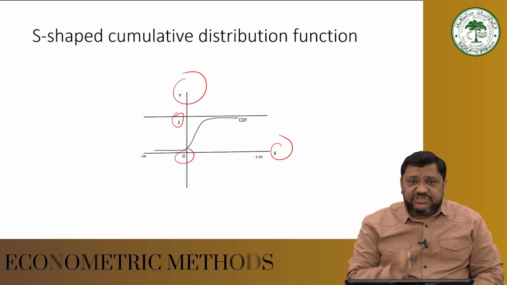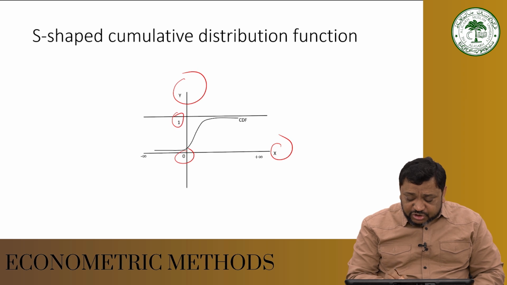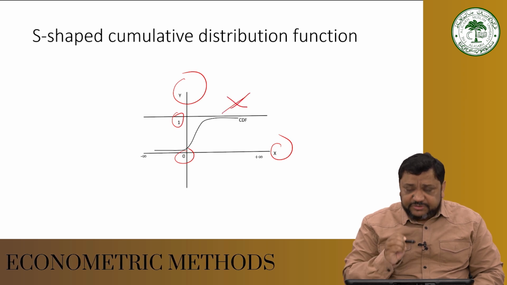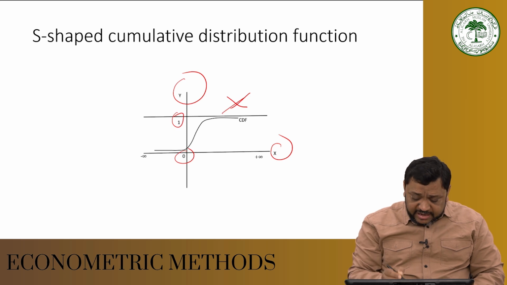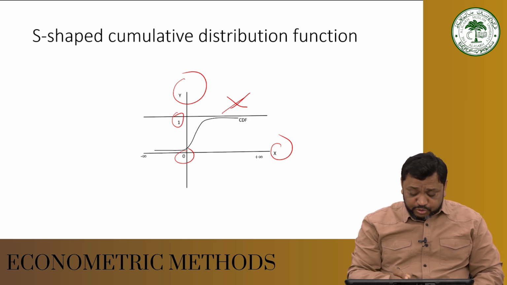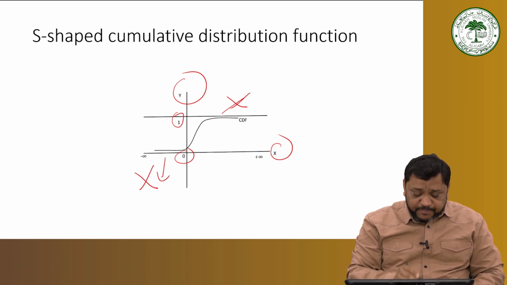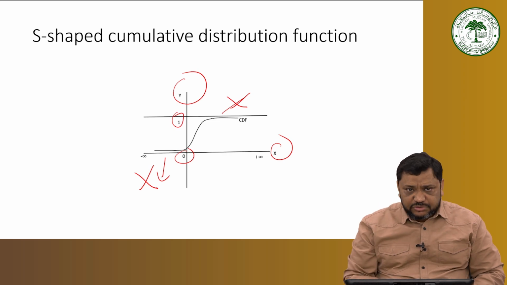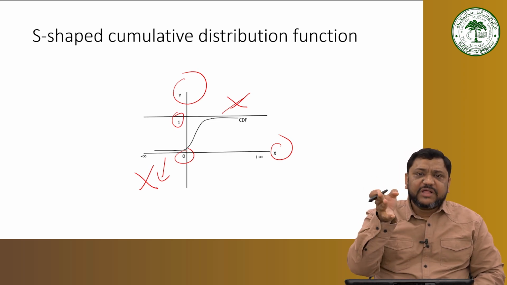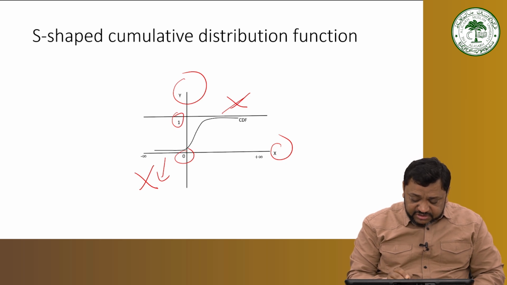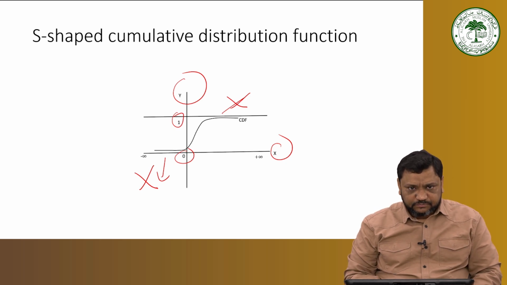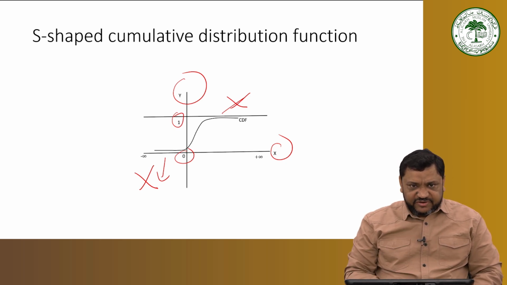Our cumulative distribution function is not going beyond 1, and it is not going below 0. So it falls between 0 and 1. This is the first thing.